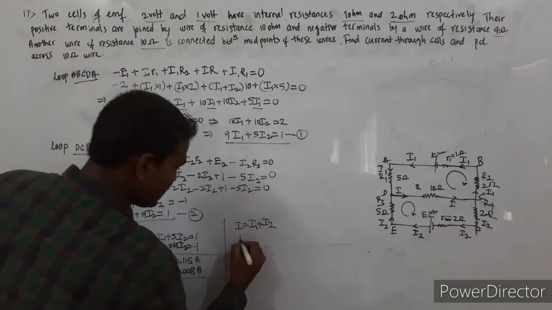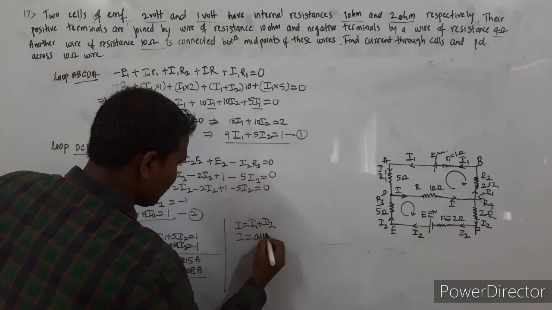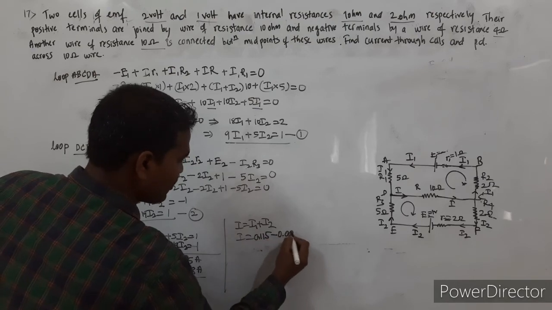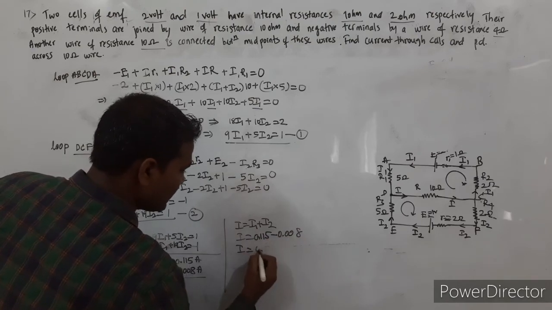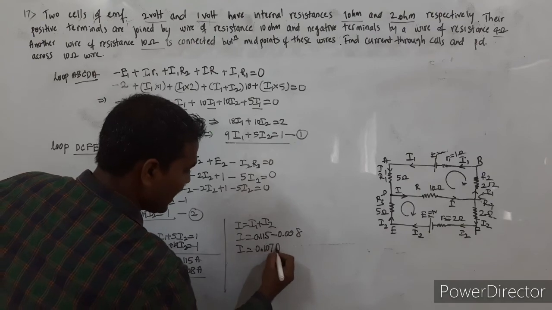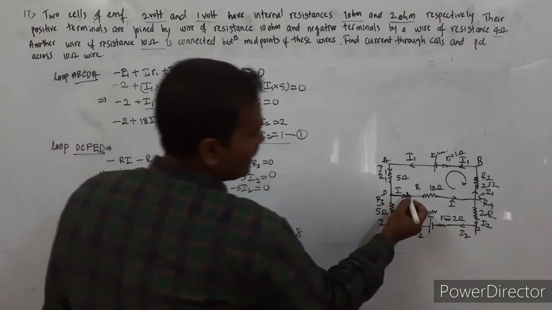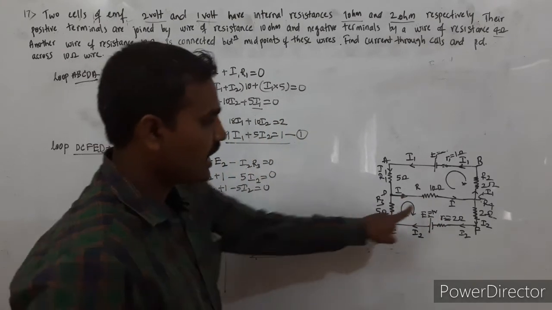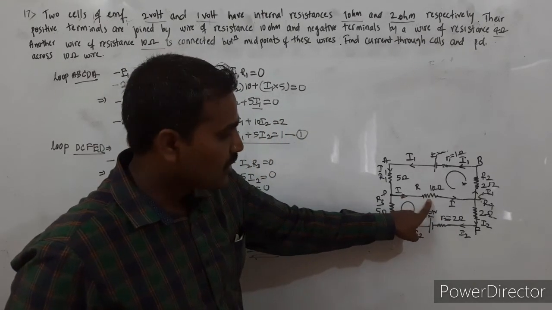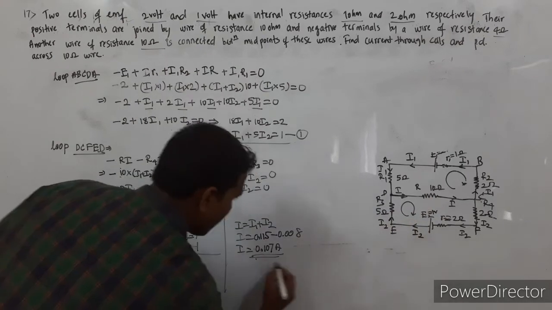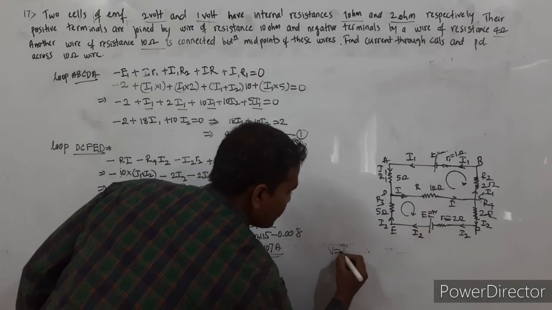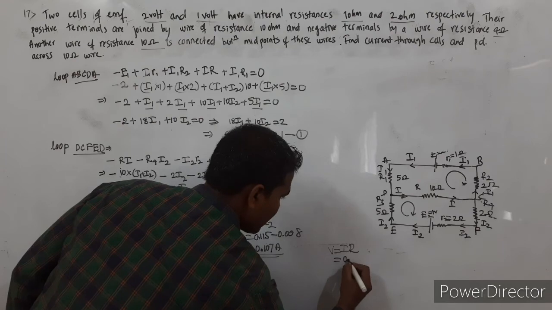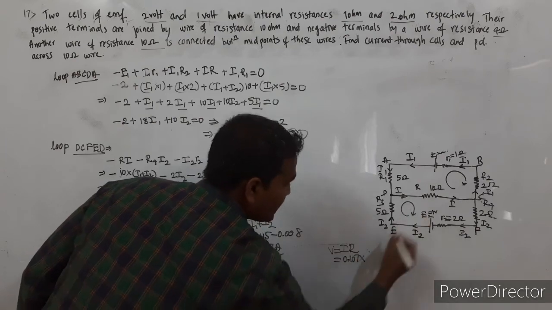So I is equal to what? 0.115 minus of 0.008, so I get it as 0.107 amperes. The total current flowing through this resistor is 0.107, and we have to find out the potential drop across this resistance. That I can write as V is equal to I into R, that is equal to 0.107 into what is the resistance of that?